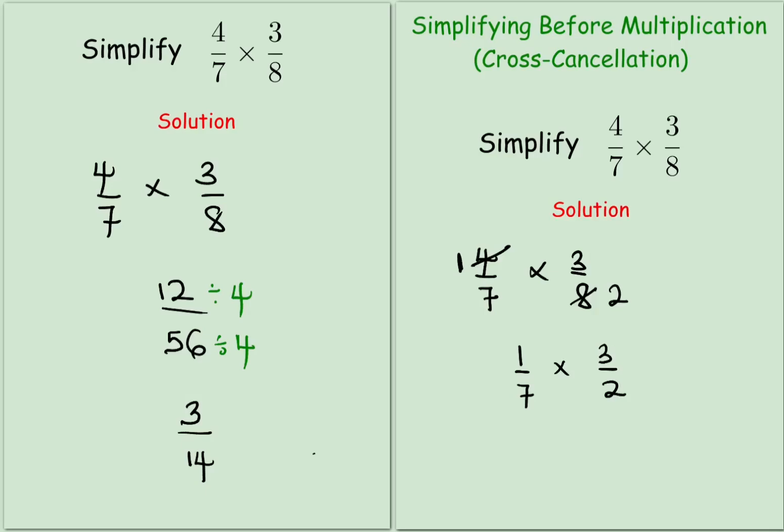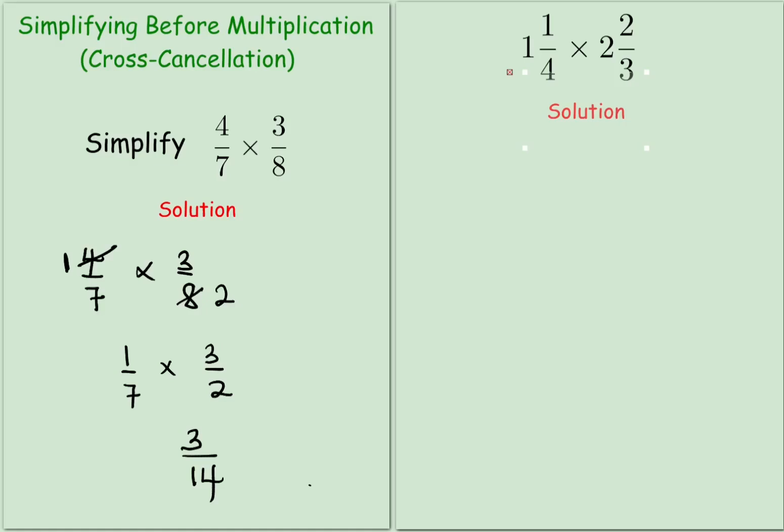Since everything has been simplified, we just go straight forward with the multiplication. So 1 times 3 gives us a 3, all over 7 times 2, which gives us a 14. As simple as that. So the two methods are saying you can choose to multiply and simplify, or simplify and then multiply.